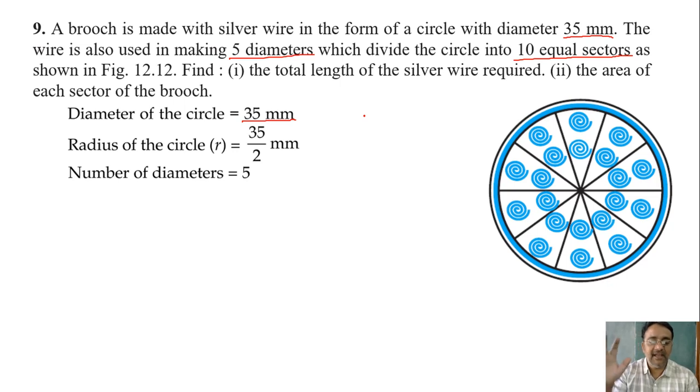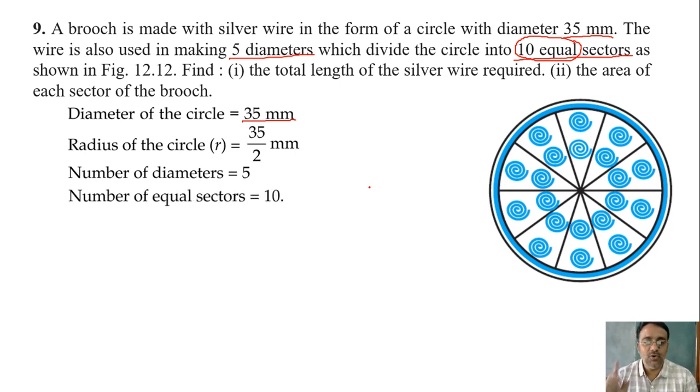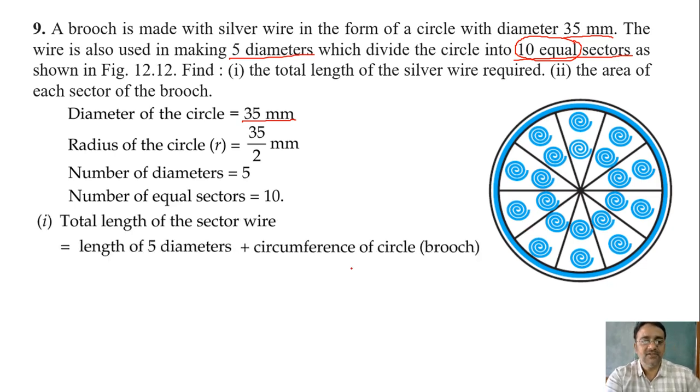So number of equal sectors कितने होंगे यहाँ पर? देखो already दिया हुआ है क्वेश्चन में. Number of equal sectors is 10. So total length of the silver wire, how will you find? See, the length of all the 5 diameters plus circumference of the circle. So this is the total length of the wire.